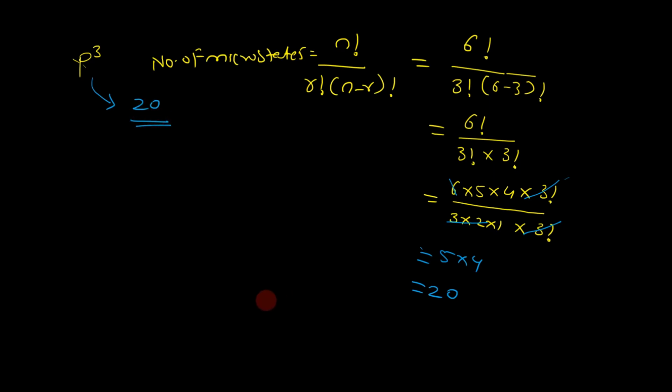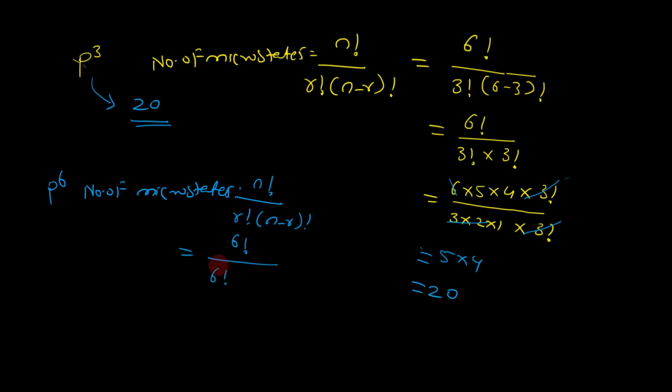Like this we can calculate for P6. So when we calculate the number of macro states for P6, the same formula we use, that is n factorial upon r factorial and n minus r factorial. So we solve this. This is 6 factorial, because n is the maximum that can be filled in the p subshell, 6, and r is given, that is 6.